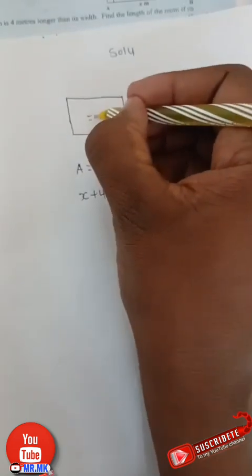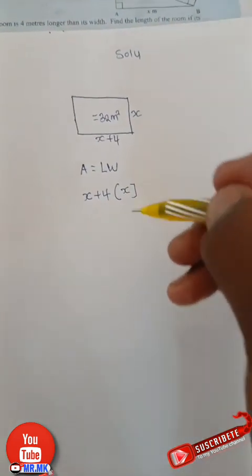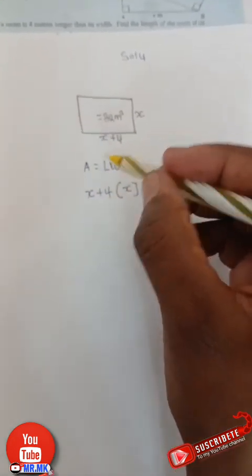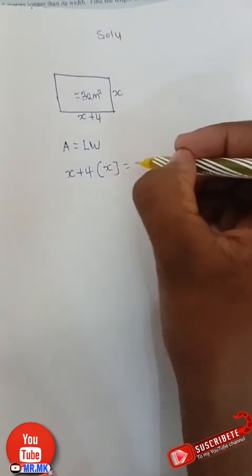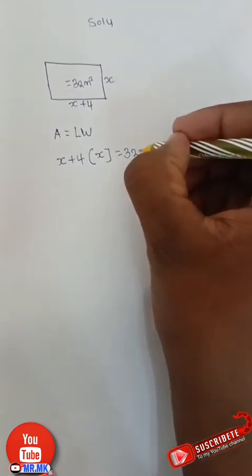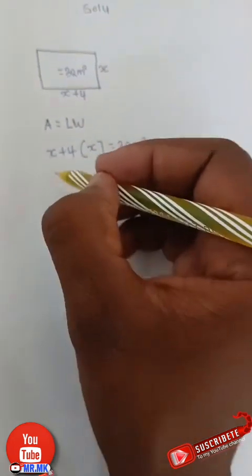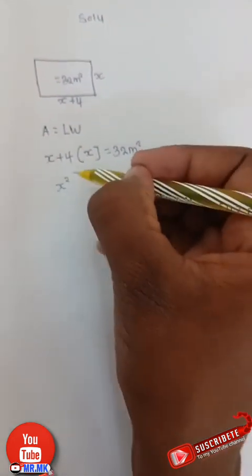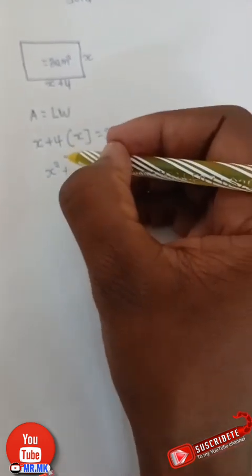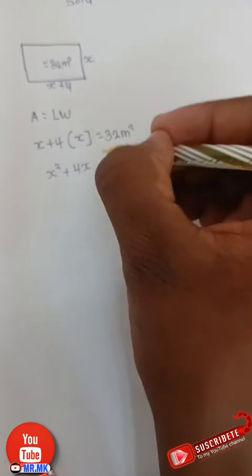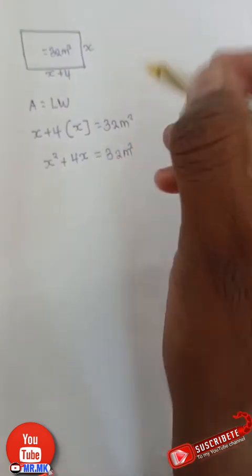The total area is 32 meters squared. Now let's multiply. x multiplied by x will be x squared, plus 4 multiplied by x will be 4x, which is equal to 32 meters squared.